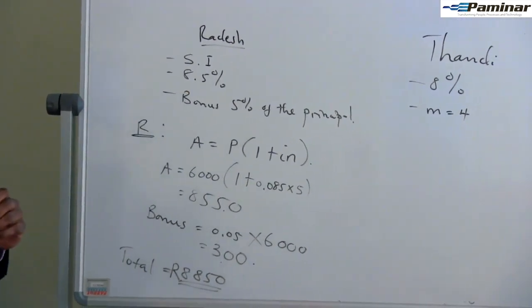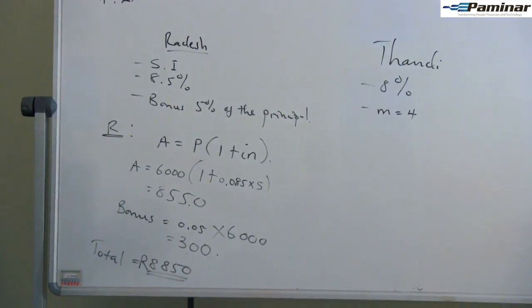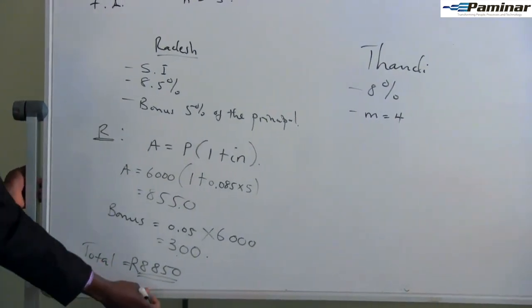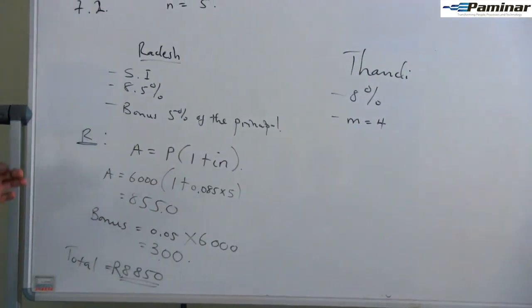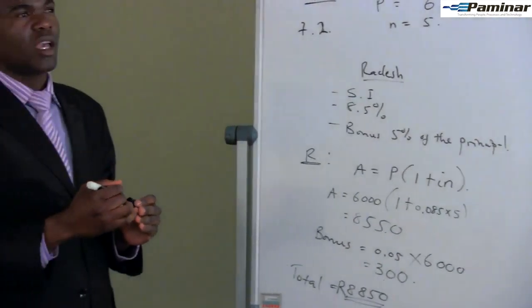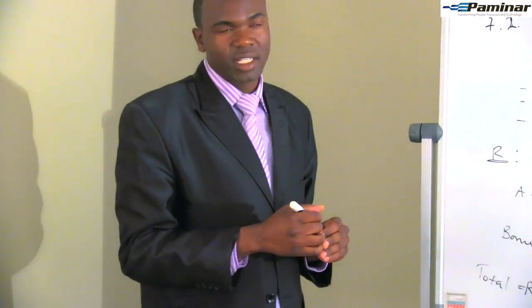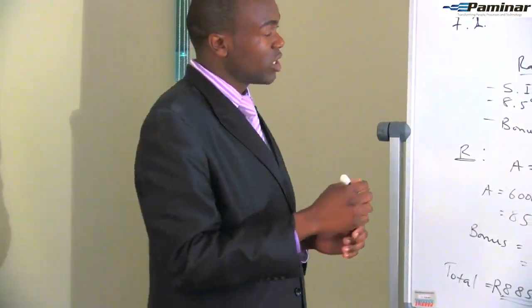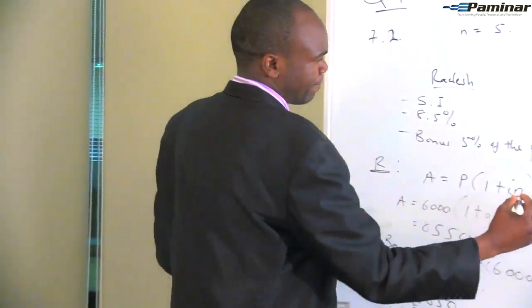So now let's go to Tandi. Remember, Tandi invested at a compound interest, at 8%. So now we use the compound interest formula again.